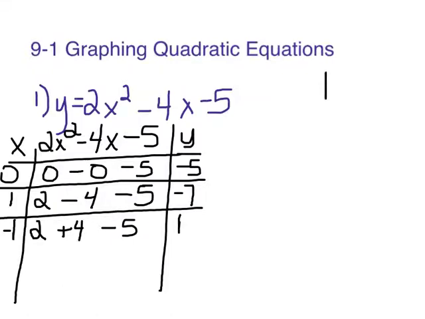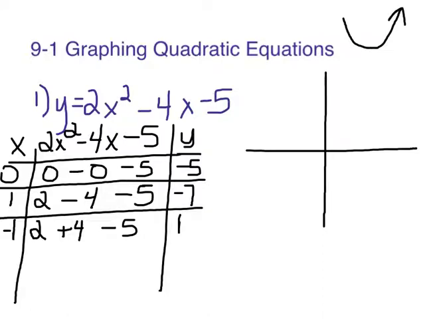We can start plotting our points on our graph to see what our parabola or our quadratic equation will look like. Quadratic equations usually look like parabolas, and they look like this. They either open upwards or downwards. So 0, negative 5 will be right here.